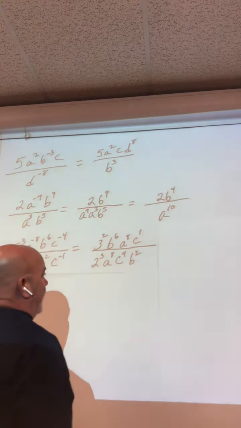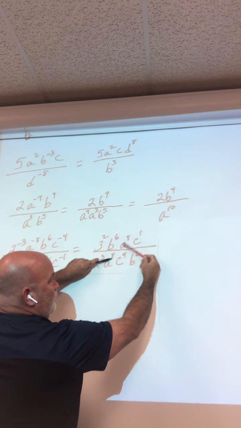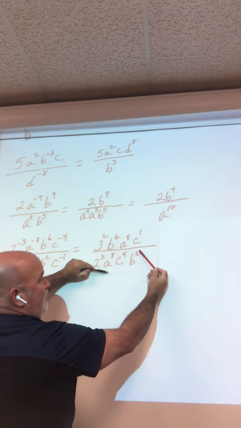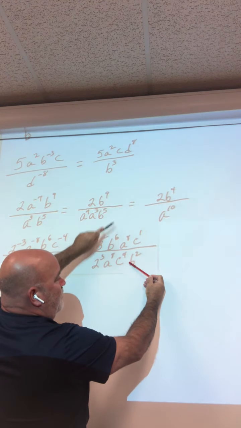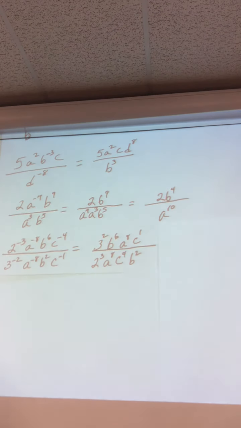All right. Now, look right here. A8, A8. You can cancel those and it leaves no A's at all. B2, B6 leaves B4 in the top. C1, C4 leaves C3 in the bottom.